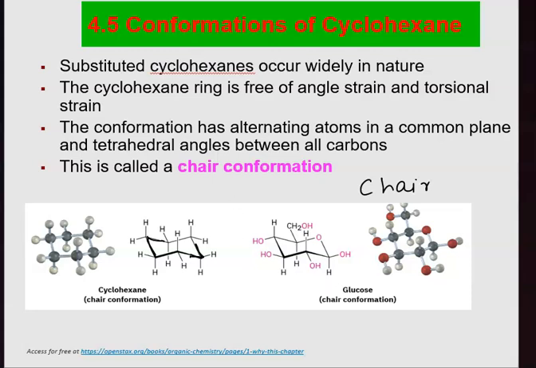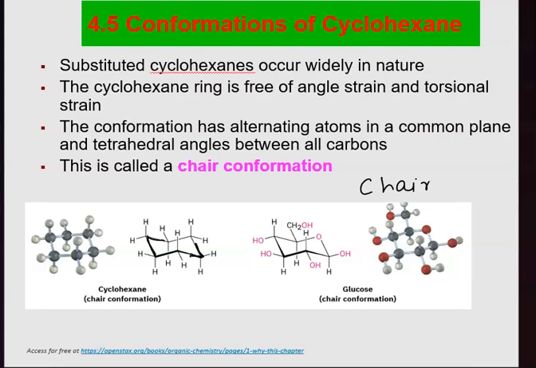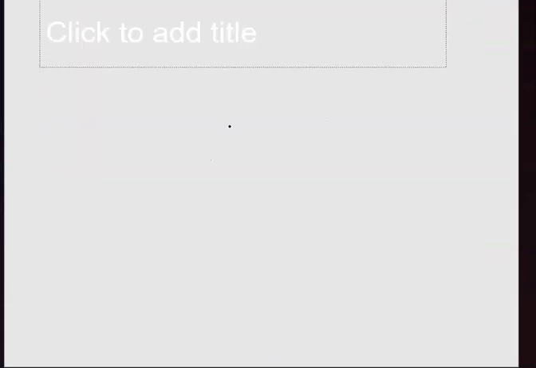Let's practice drawing the chair conformer. This is cyclohexane. Now, this is a planar structure, but it doesn't adopt this structure. Instead, it forms what is called a chair conformer. See how the structure is drawn. This is the foot of the chair, and this is the head of the chair.